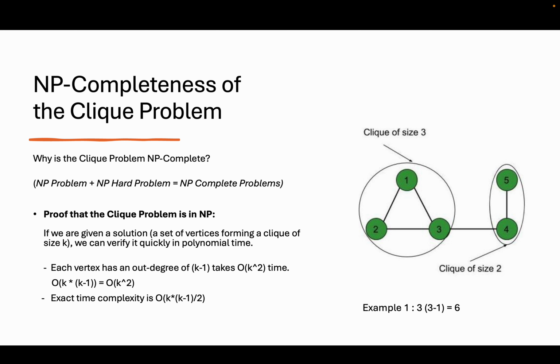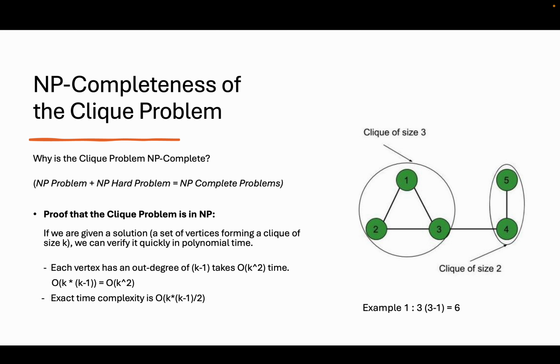Every time we are counting an edge twice, because when we are checking for node 1 we count the edge between 1 and 2. When we check node 2, the edge between 2 and 1 will again include the edge between 1 and 2. So we are counting each edge twice, so we are dividing here by 2.